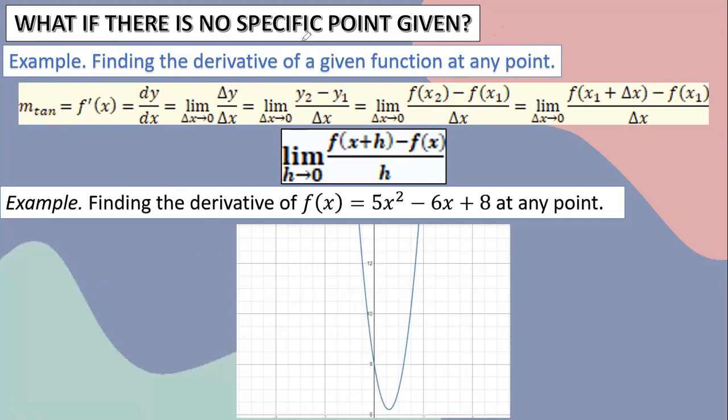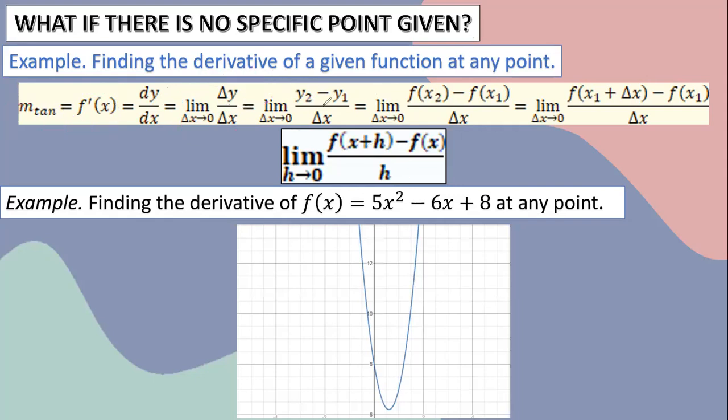Meron tayong formula, di ba, ng slope, which is slope ng tangent line is equal to the f prime of x, that is equal to the derivative of y with respect to x. Ganito natin kino-compute, di ba? The limit of the change in y, y sub 2 minus y sub 1 over x sub 2 minus x sub 1 as the change approaches 0.